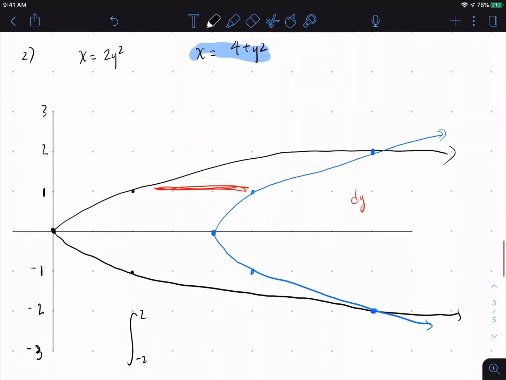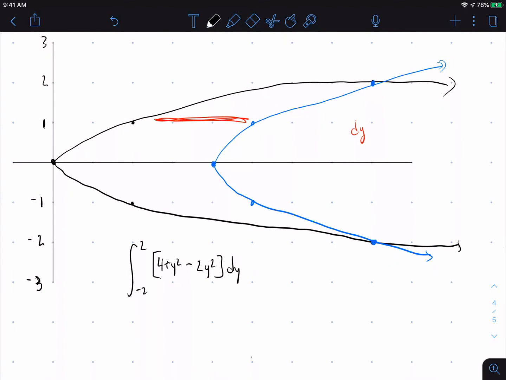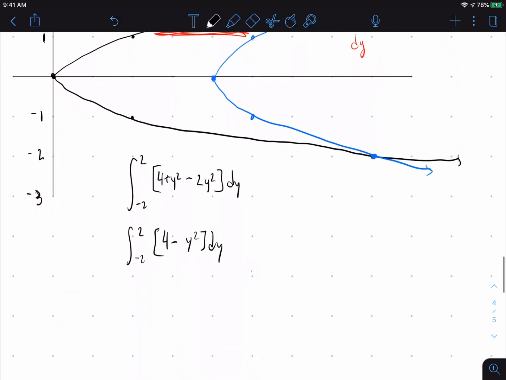And then it's going to be the 4 plus y squared minus 2y squared dy. And so that's going to give us an integral from negative 2 to 2 of 4 plus y minus y squared dy, which will give me 4y minus y cubed over 3 evaluated from negative 2 to 2.